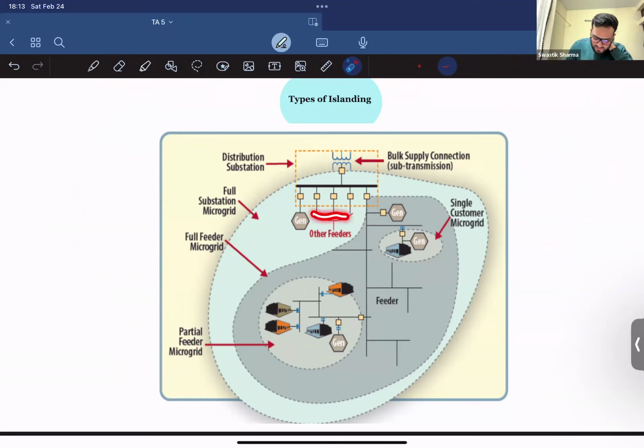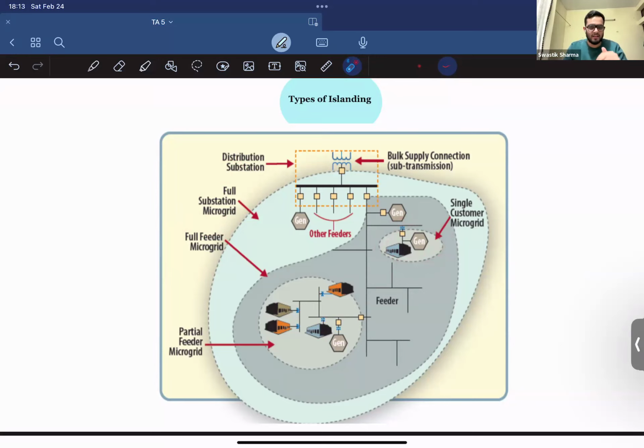And we have other feeders, some local generation, and we have shown one feeder through an enlarged view. The whole system is called a full substation microgrid, and one feeder based microgrid is called a full feeder microgrid. And in each feeder, there can be multiple feeders, because we have radial feeders in our topology, right? These radial feeders could have an individual customer-based microgrid.